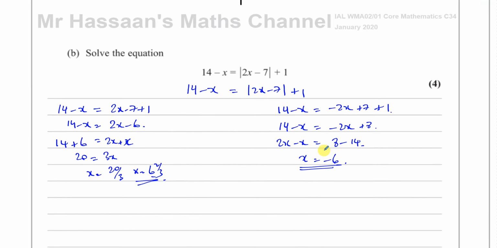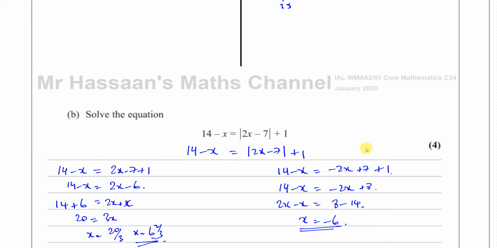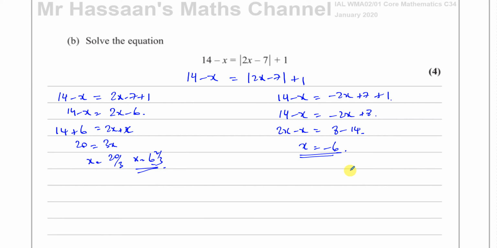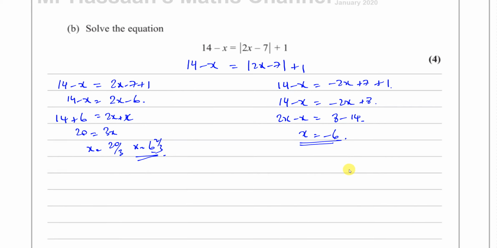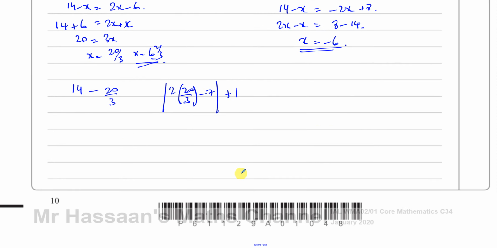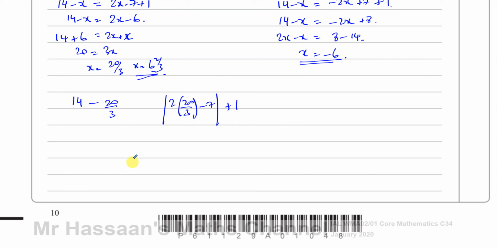Now, if you didn't draw the second graph on here and you weren't sure whether one of the answers would be true or false, then you can check your answer by replacing the x with your x value and seeing if it makes the equation true. So if you take 14 minus 20 over 3 for one side, the other side will be the modulus of 2 times 20 over 3 minus 7, and then plus 1. If they give you exactly the same thing, then we know that this is a true solution.